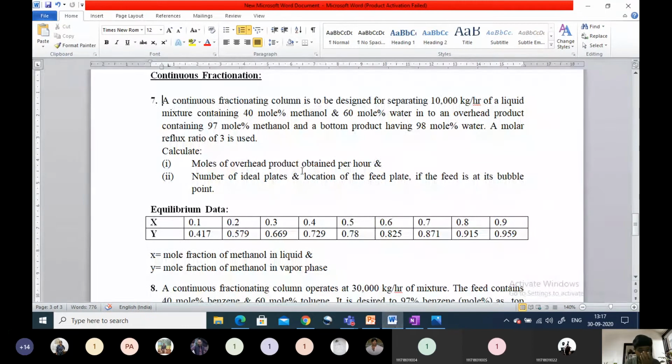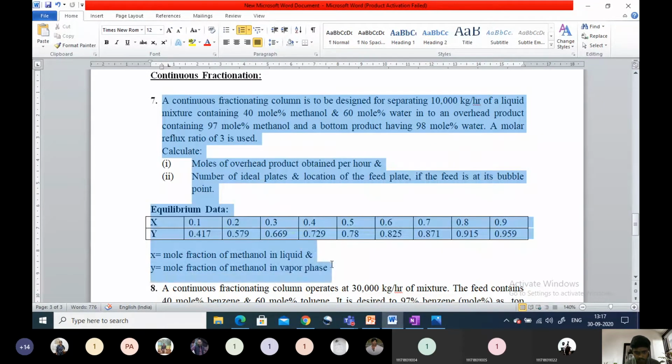All the problems which we are solving from unit 2, I have provided as a PDF file to you. You just have to go through that file. All the problems are there in that one.